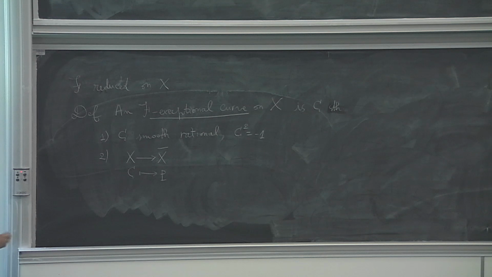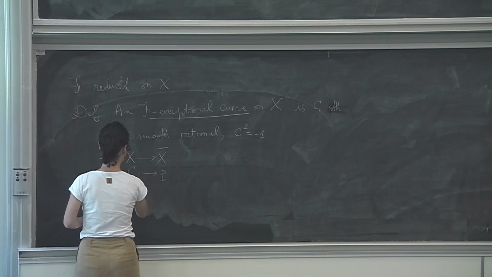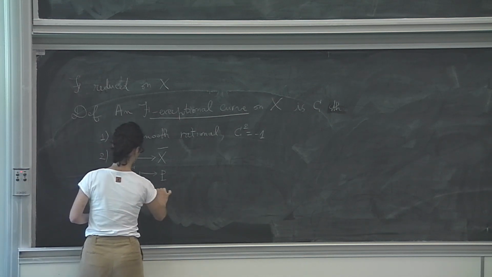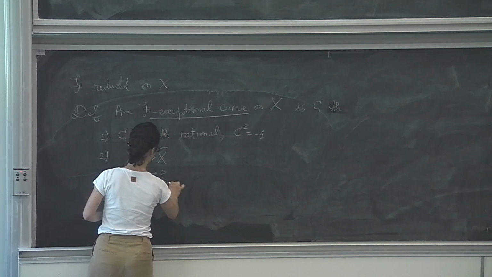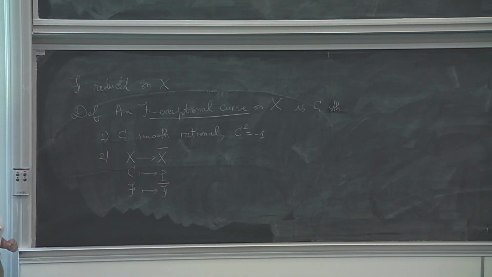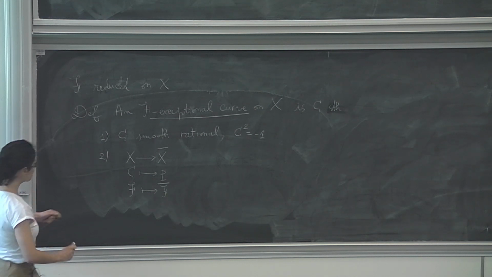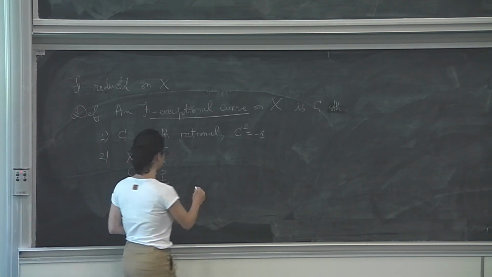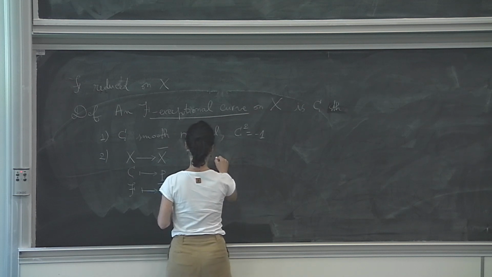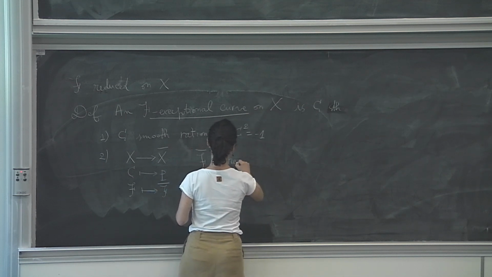And the second condition, so via this birational morphism, F defines a foliation F bar on X bar. And an F-exceptional curve is a -1 curve, such that this resulting foliation F bar is still reduced.